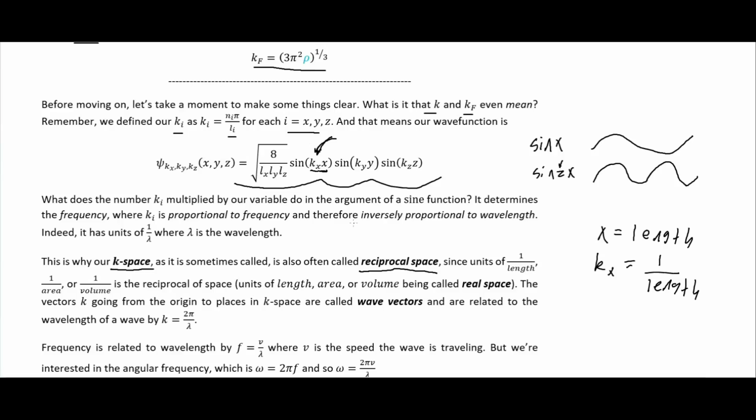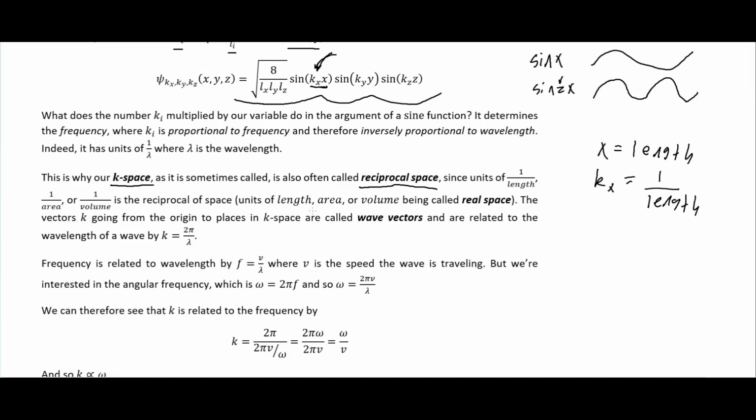So it's the reciprocal of what is called real space. Real space is the space we all know and love. The space from me to my door is some many feet, and that's real space. But a reciprocal space of it would be 1 over that many feet. And so that's why it's called real space and reciprocal space.